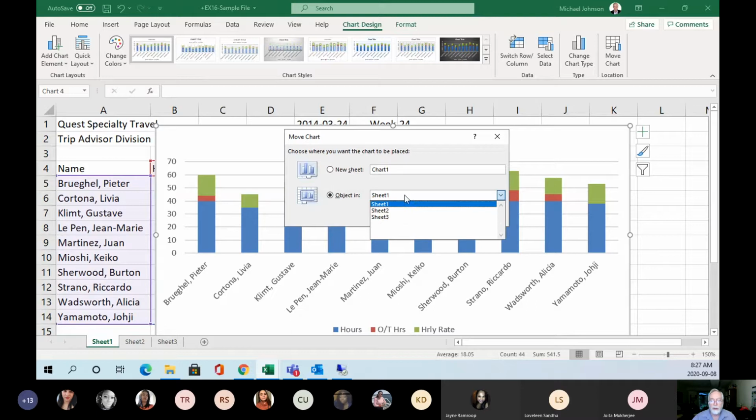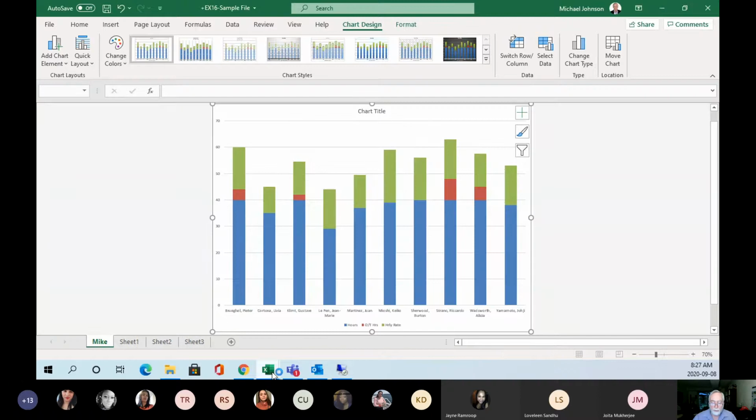Or I can actually create a sheet for itself, and I can name it anything I want. So I'll call this one Mike. This is the Mike sheet. And when I click OK, it automatically creates a brand new sheet called Mike. And the only thing on it is this particular chart. Nothing else is on that particular sheet.